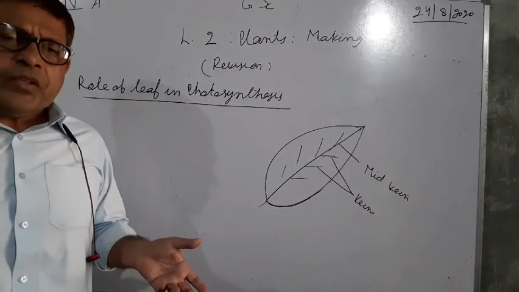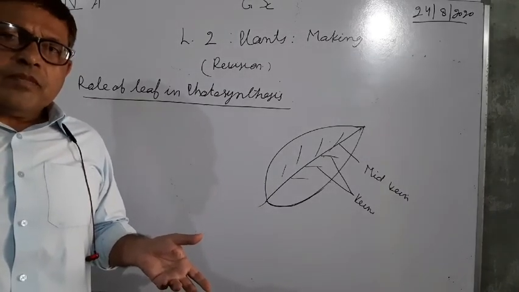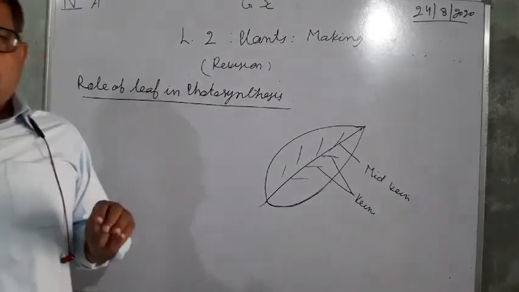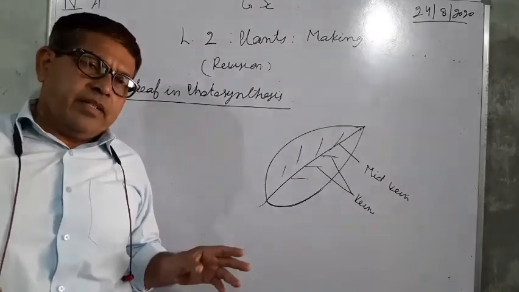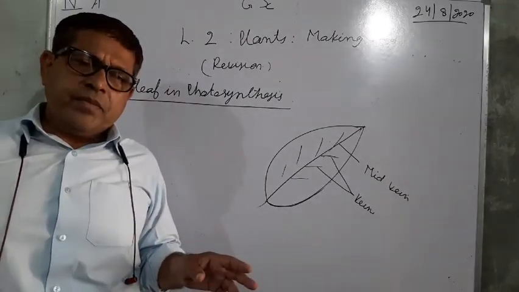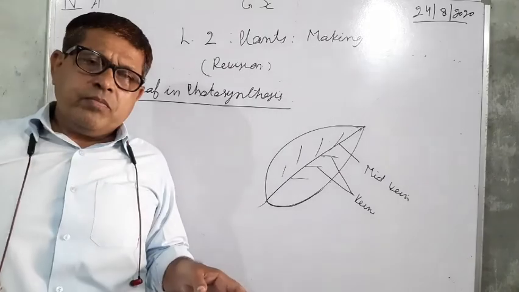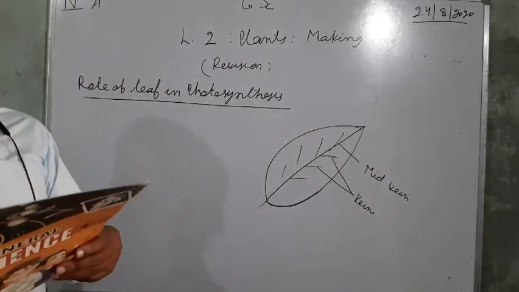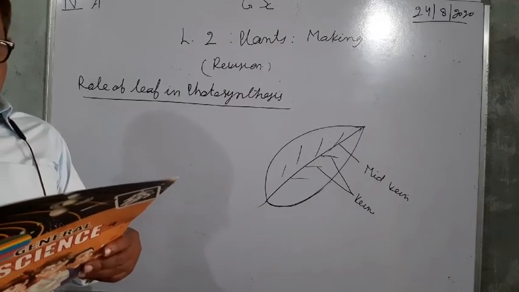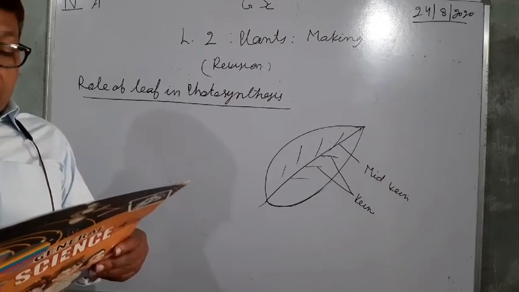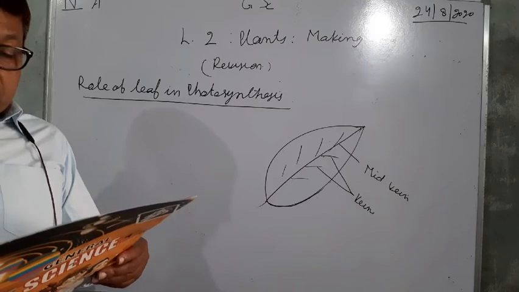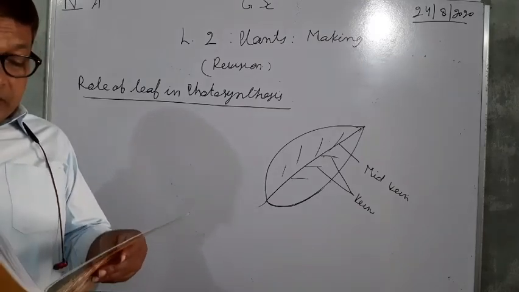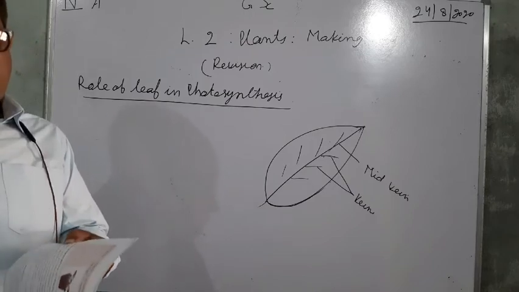All the exchange of gases, be it oxygen or carbon dioxide, takes place through stomata. The root absorbs water and nutrients from the soil and transports water to leaves through the stem. Thus, leaves prepare food in the presence of sunlight.